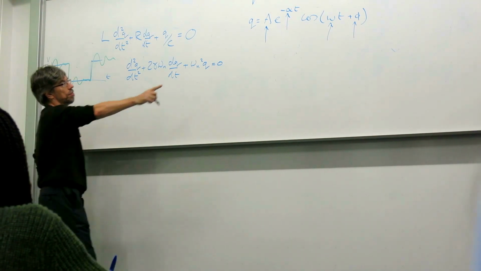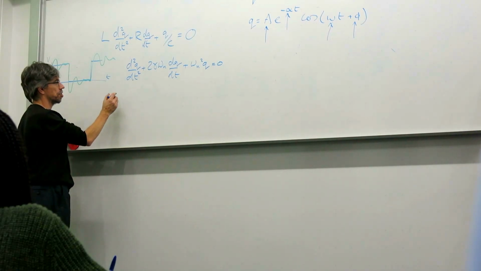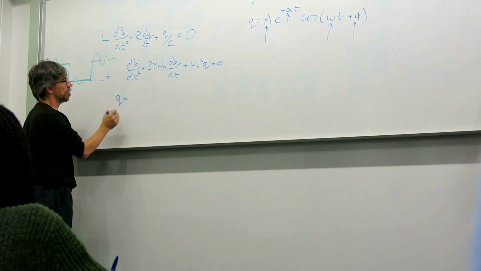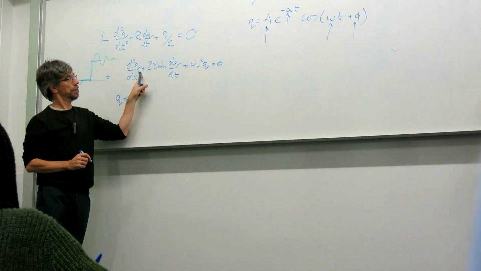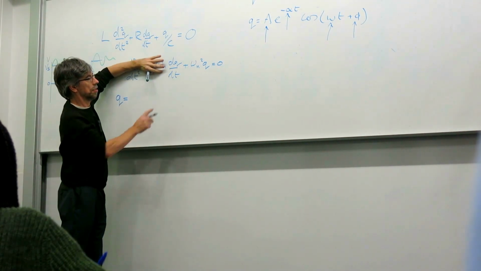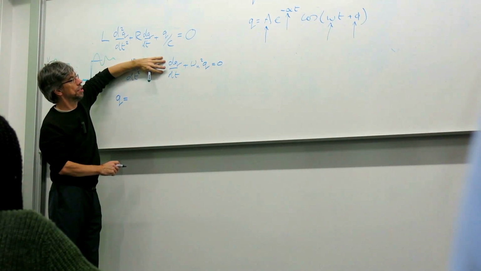How do you solve that equation? Well, you don't plug in the solution we've been given, you plug in a trial solution. And the trial solution we chose was because we knew the first order equation came out as an exponential solution.